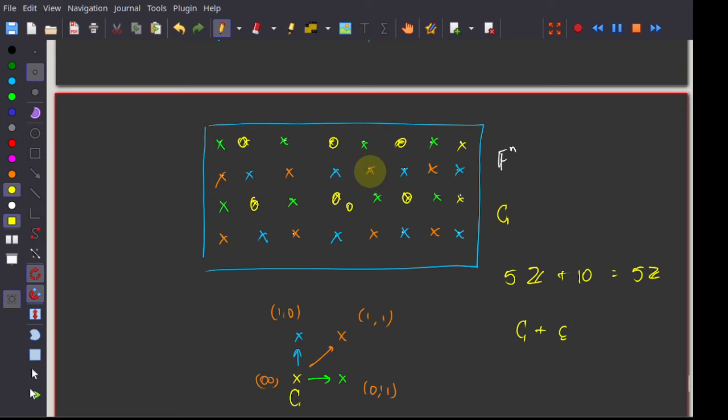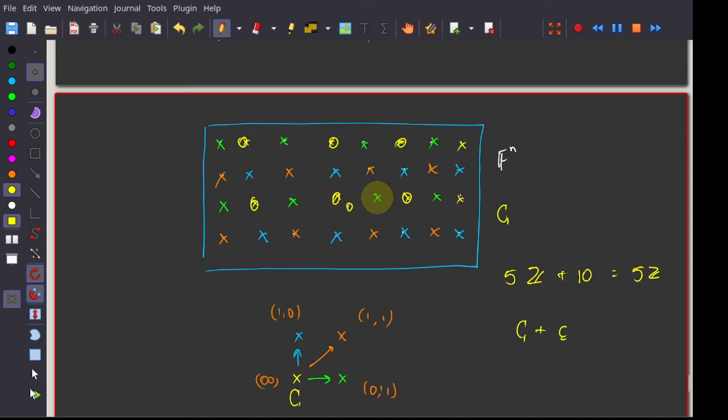If it is an orange point, the closest code word, I can declare as this yellow point. In principle, these 4 points are equidistant, but I need some way of systematically identifying the code word. So I will declare this as the closest code word. That is going to be my minimum distance decoder. That is how my minimum distance decoder works.